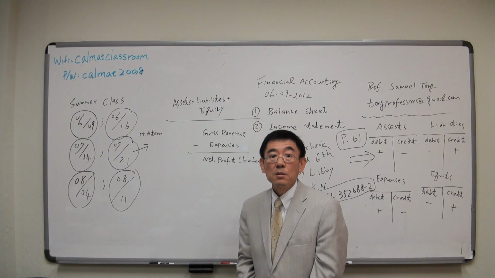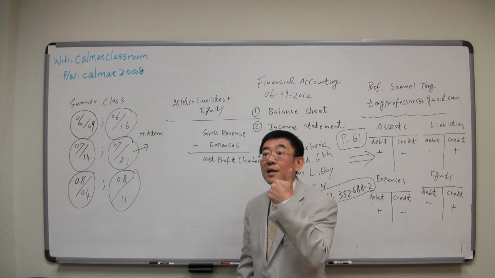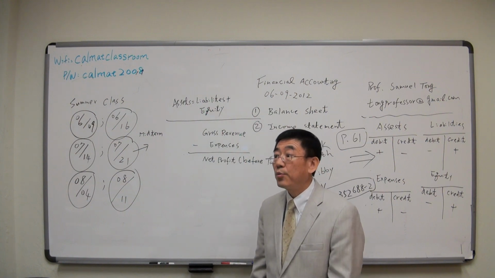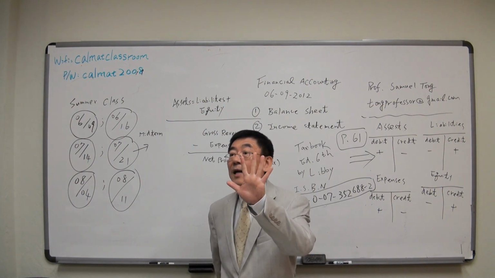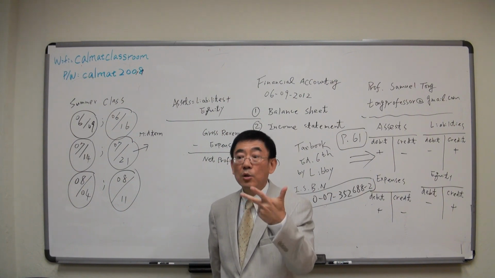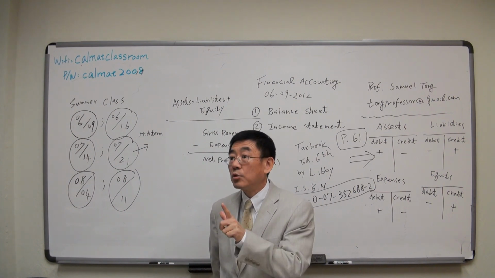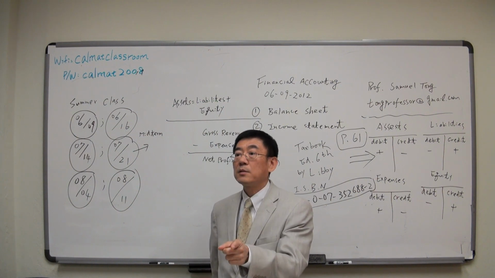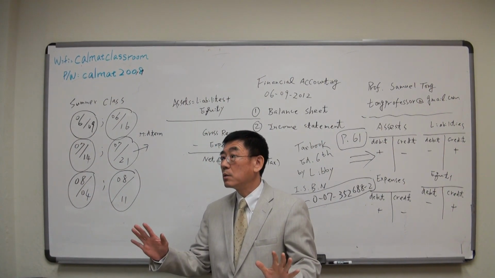Throughout these 6 weeks, we only focus on 5 items: assets, liability, equity, those 3 items under the balance sheet. The other 2, revenue and expenses, are always related to the income statement. So far so good?